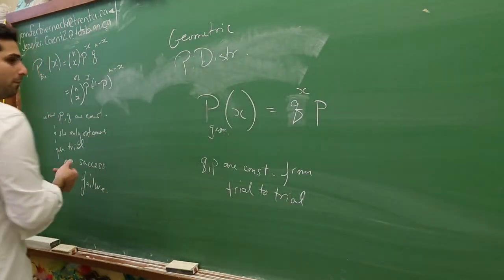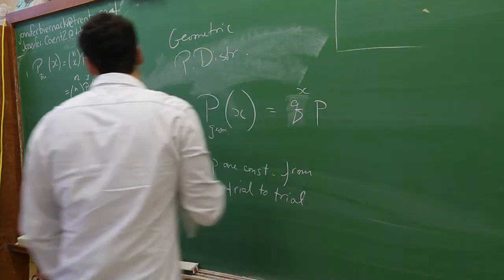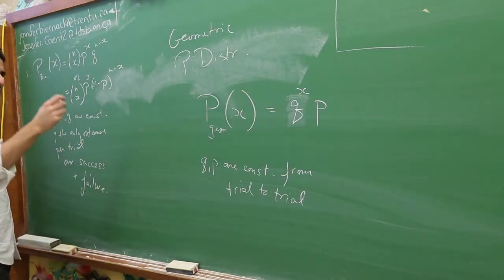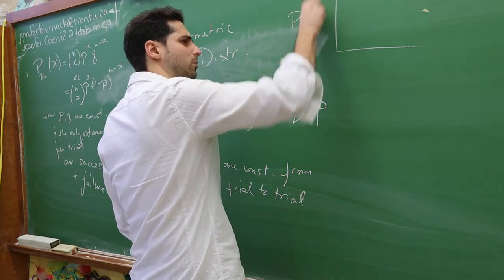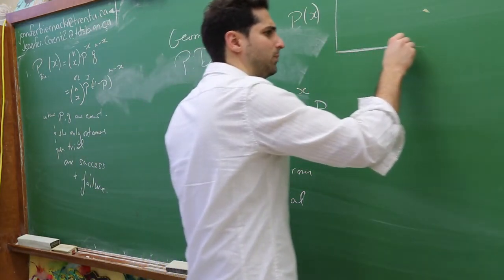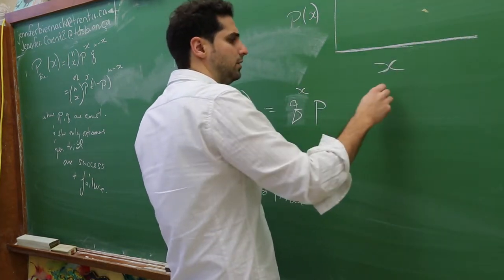Now, what might that distribution look like? So in that particular case, if you look at a probability distribution like that, here's your random variable x.